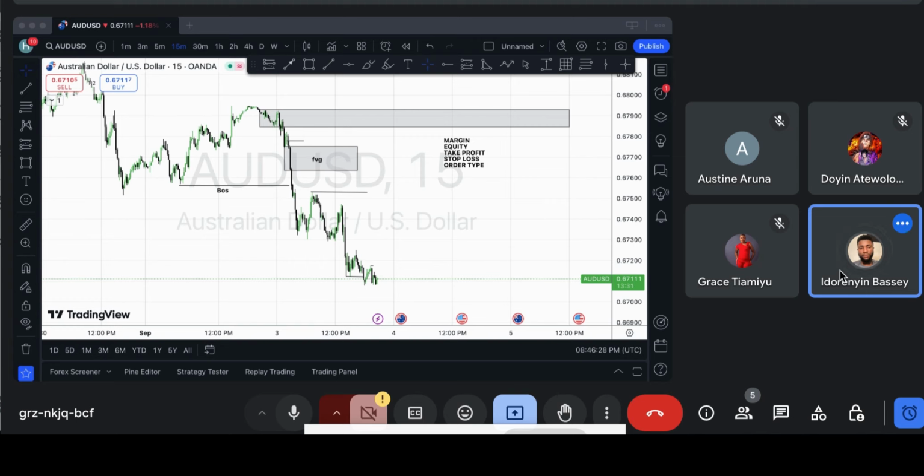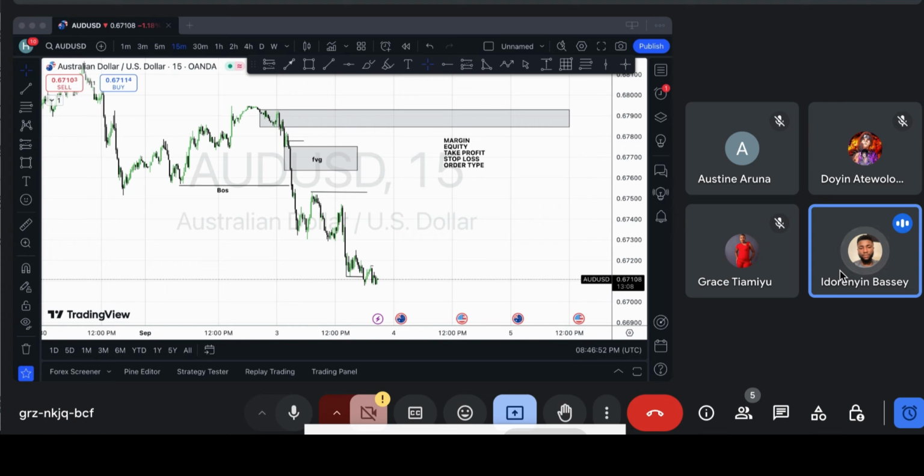Then you now took a trade and the trade is now in profit. That profit is going to add to the amount that you deposited in your account. So now the current balance that you have is the equity. So that's what equity means.